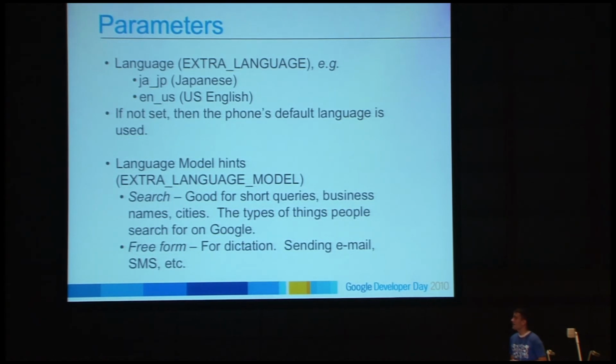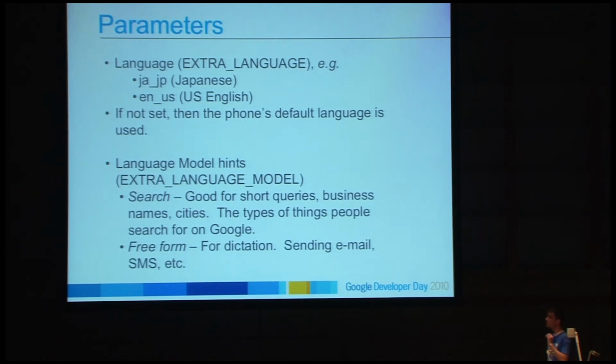The other parameter, which I had in my example, was called language model. It's extra language model. And you can specify two different parameters at the moment, search or freeform. So search will basically give you the same language model we use for our own Google Voice Search product, which means it's basically good for anything.